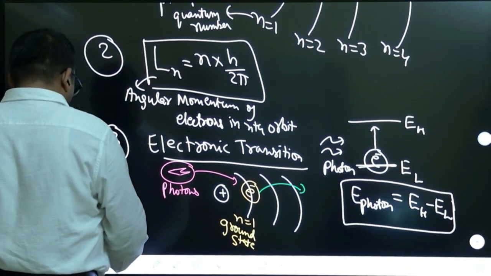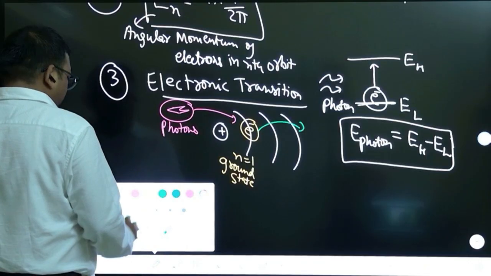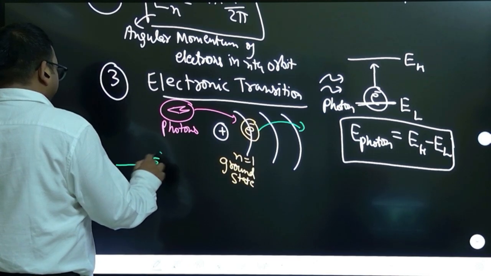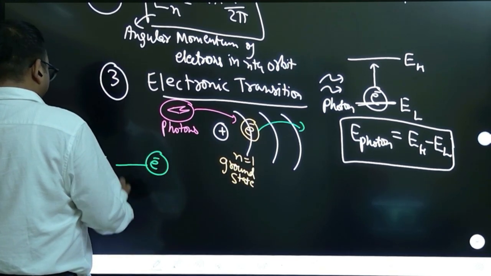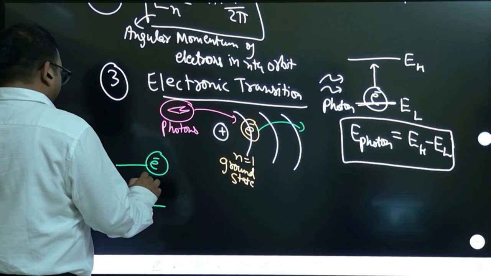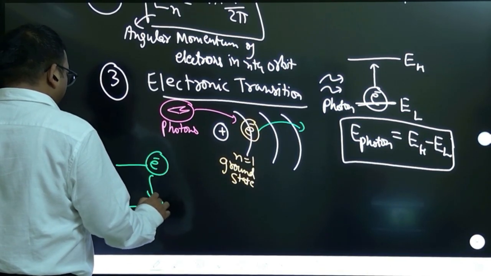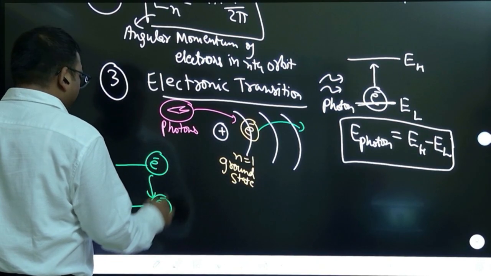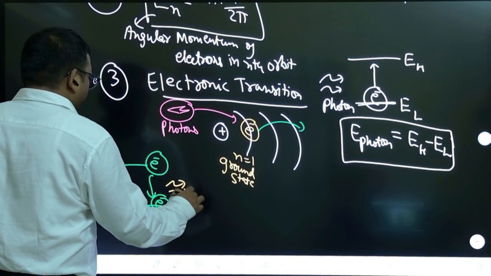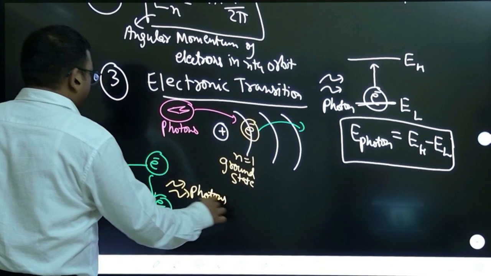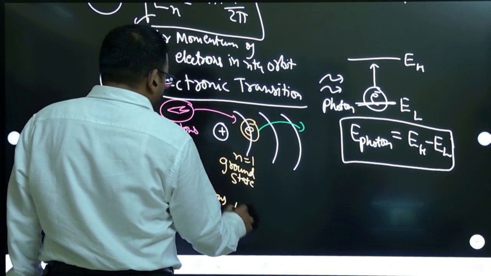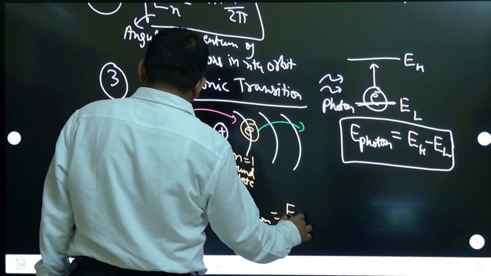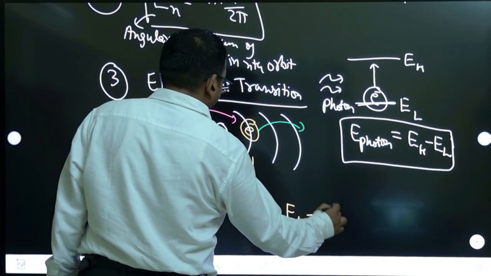Similarly, what happens when an electron comes from the excited state to the ground state? Suppose the electron is present in this higher energy level and is going to jump to the lower one. When it jumps, it will release photons or electromagnetic waves. Again, the photon energy is the difference of higher minus lower.